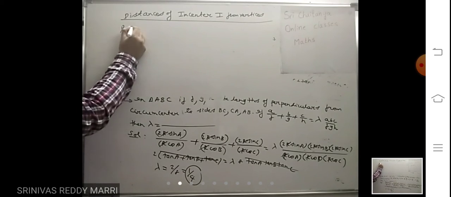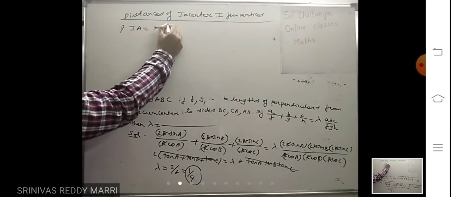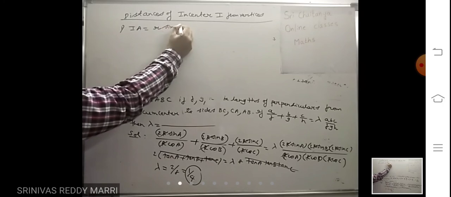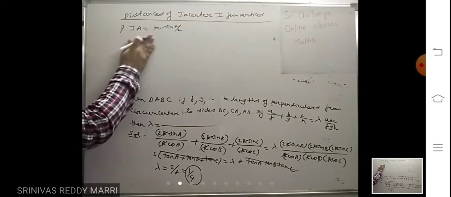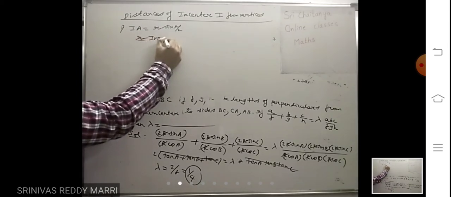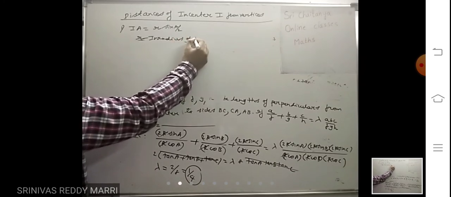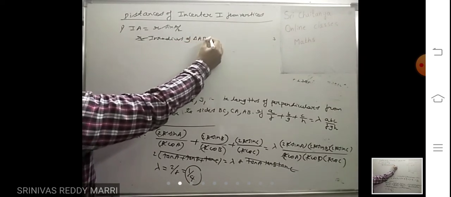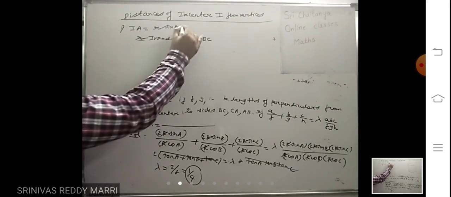IA is nothing but, the formula is r sin A by 2. Here r is the inradius of triangle ABC.